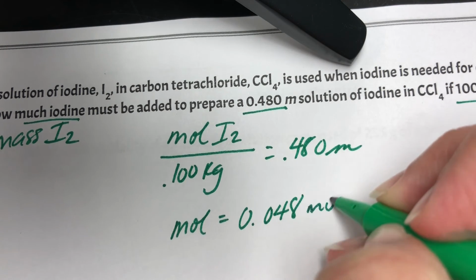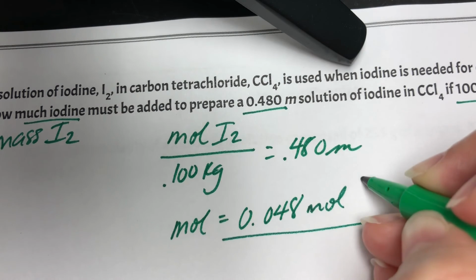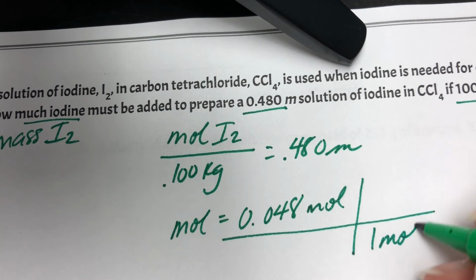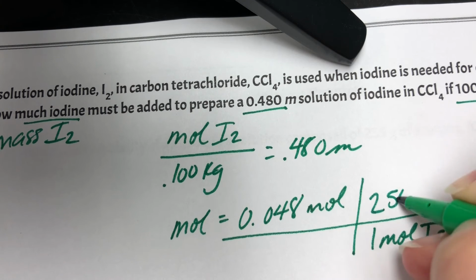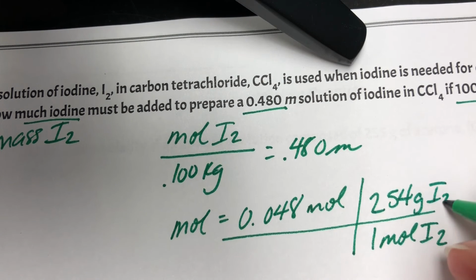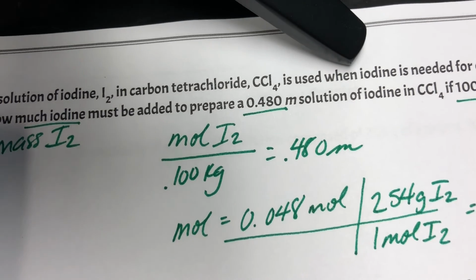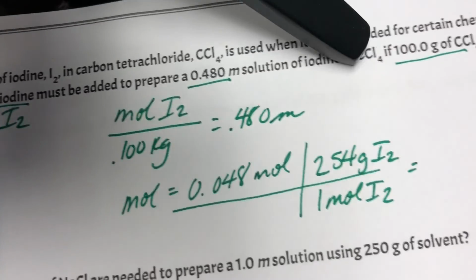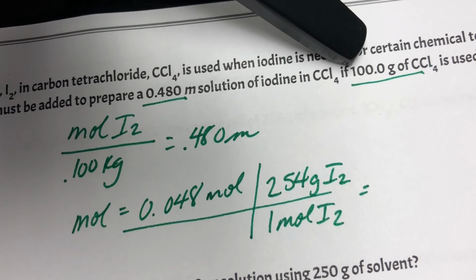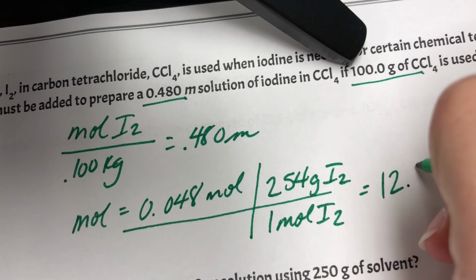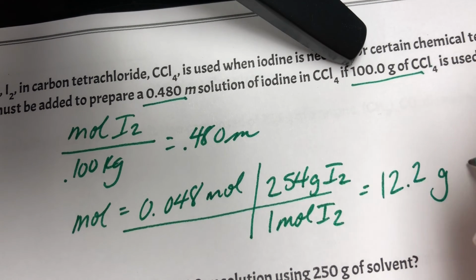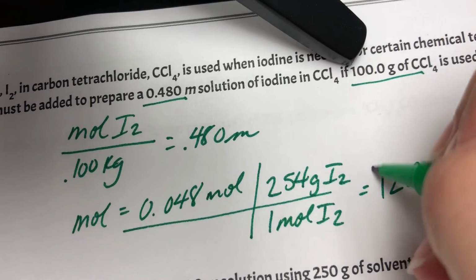So 1 mole of iodine has a mass of 254 grams. I'm going to multiply that by the 0.048. So I will only need 12.2 grams of iodine.